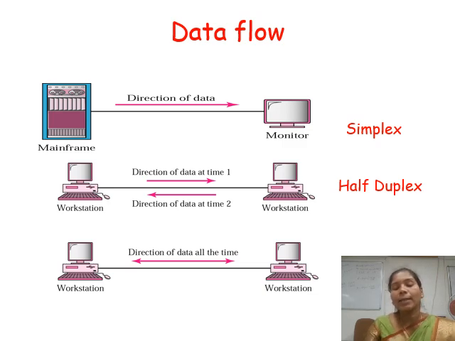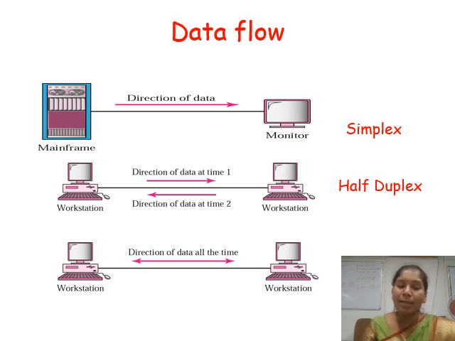The data will be sent in only one direction, it won't come back. Like in this example, from the mainframe it is sending the data to the monitor. The direction of the data is unidirectional, there is no bidirectional. So the best example here is the mainframe computer sending the data to the monitor. This is a simplex example.